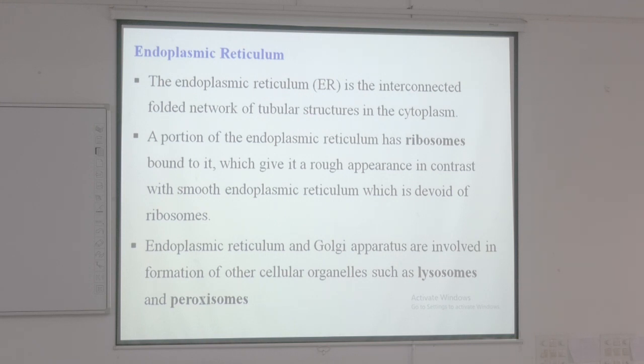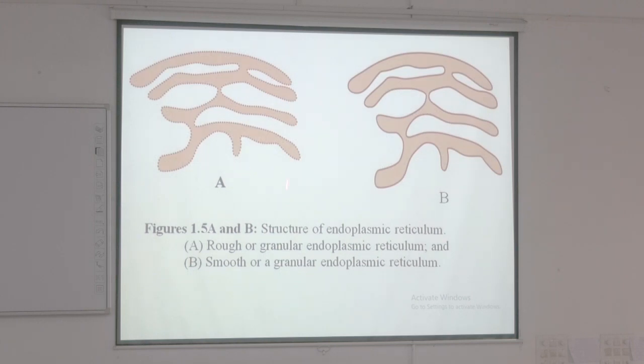HDL is high density lipoprotein, LDL is low density lipoprotein, and some of these specific transporters are released by the endoplasmic reticulum. The endoplasmic reticulum is an interconnected folded network of tubular structures in the cytoplasm. Now we see its structure. It is called rough endoplasmic reticulum and smooth endoplasmic reticulum, due to the presence of granular structures.